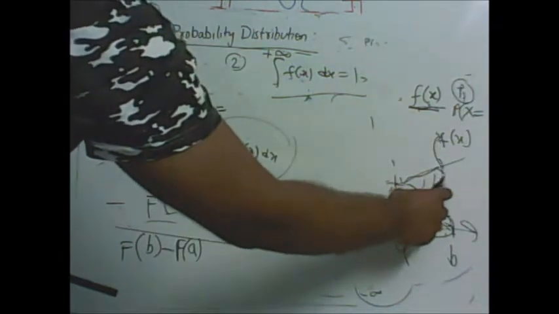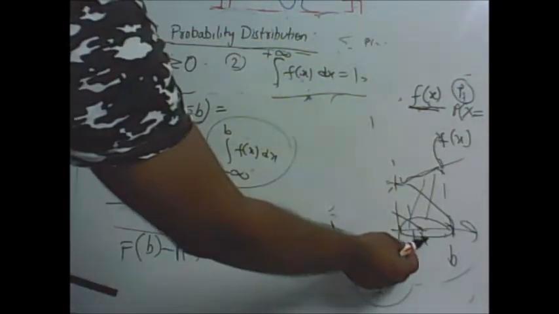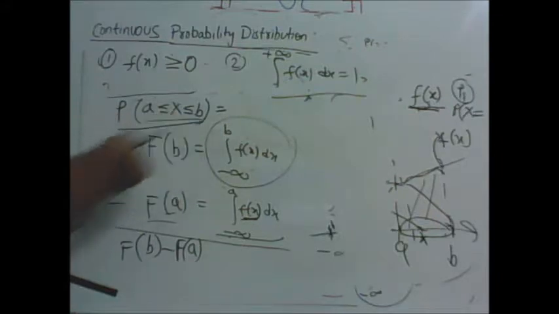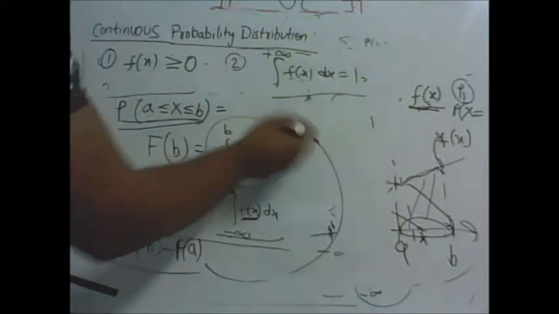This area is the probability that the random variable takes values between a and b, which is our requirement. So P of a less than or equal to x less than or equal to b is F of b minus F of a.